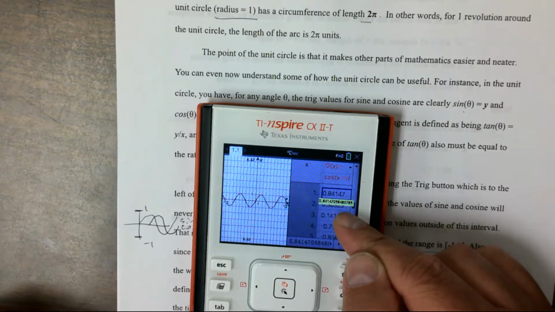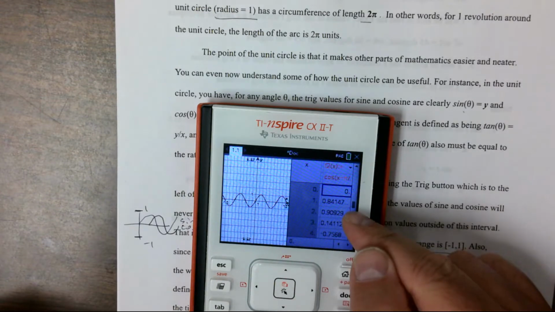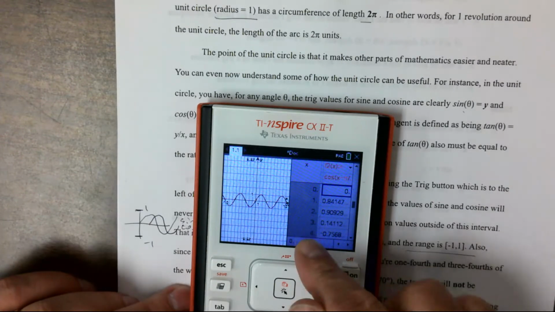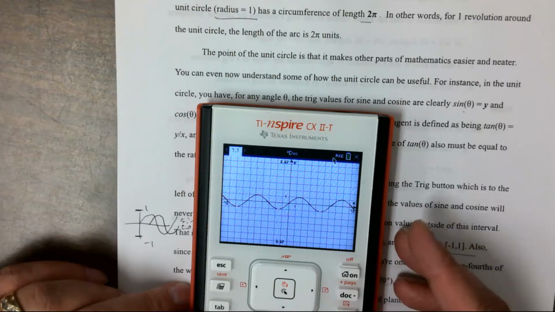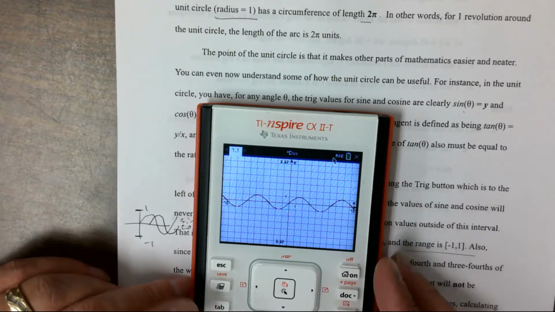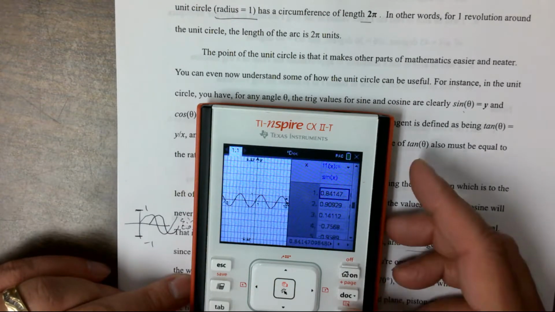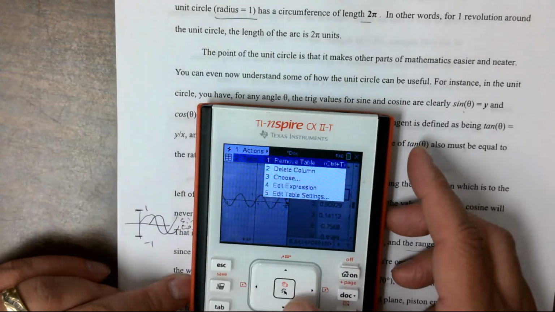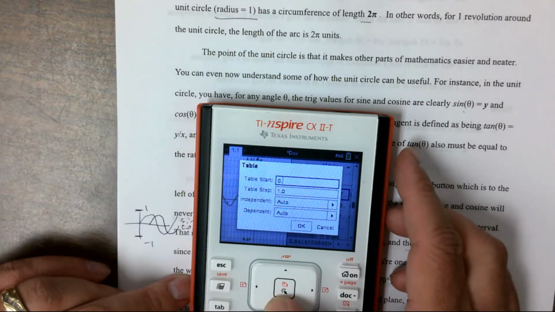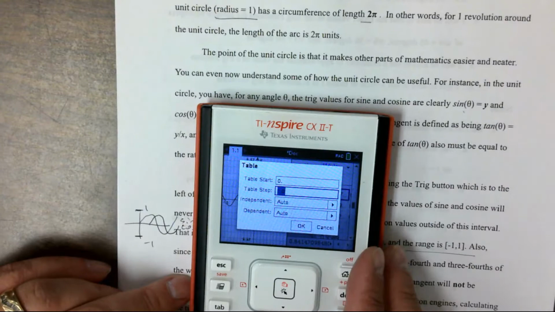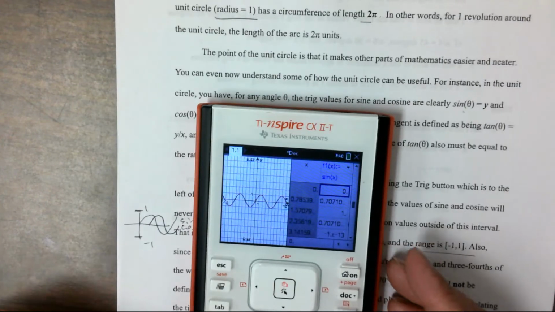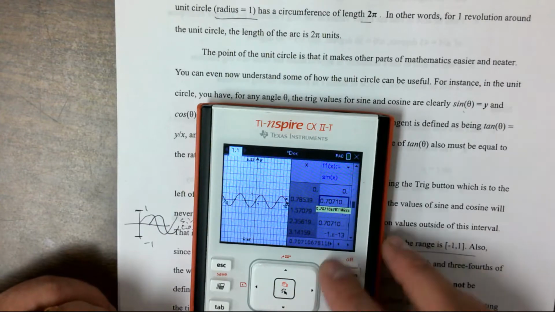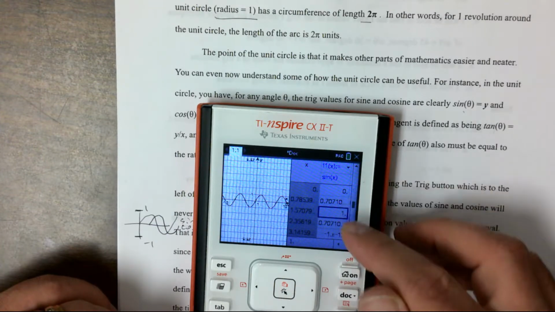But just to go over again, in your table, these numbers are not going to help unless you change your settings. So go to your table, Control T, menu, table, settings. You're really going to want to step by pi fourths or something like that. This one shows 0, 1.